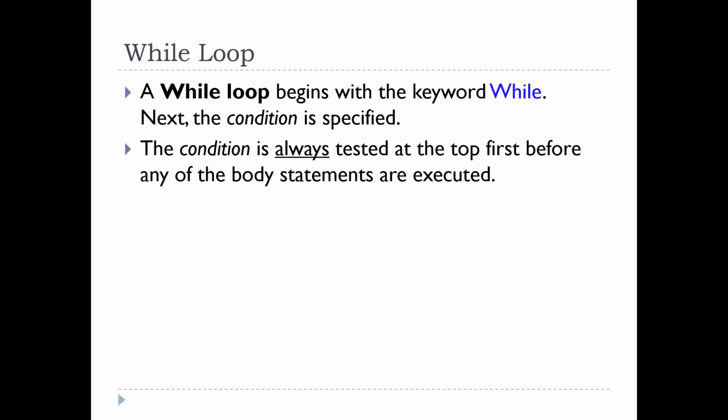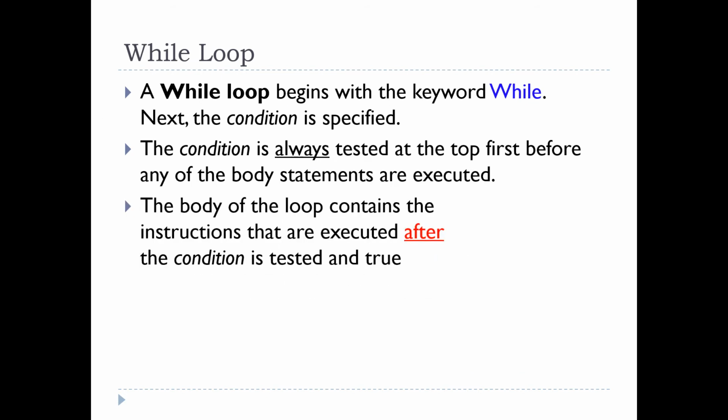I'll explain what I mean by the top, because there's another way you can also test at the bottom. There's a difference between testing at the top and testing at the bottom. In Visual Basic, we call those pretest and posttest. So a while loop is always a pretest type of loop. You test the condition at the top before you actually run into the body, and then execute the statements in the body.